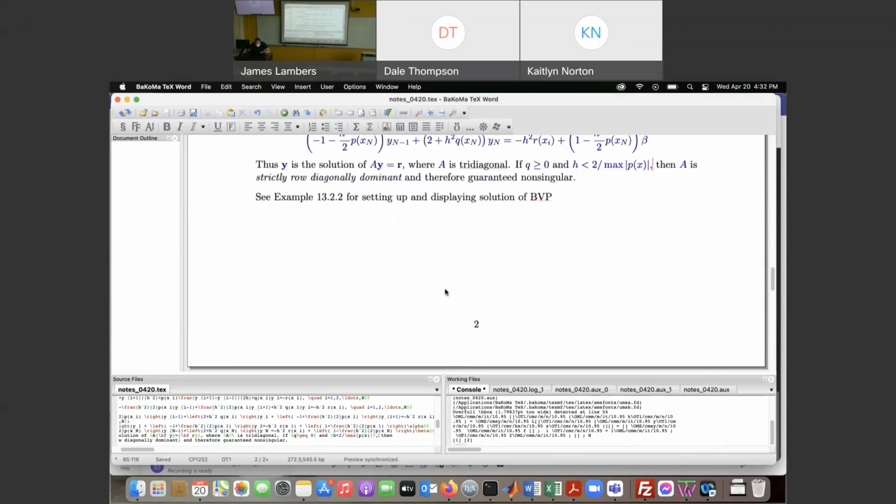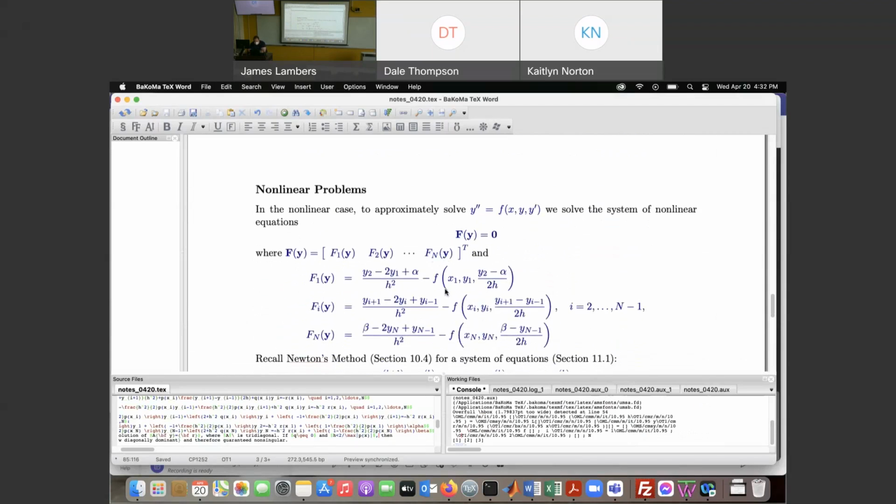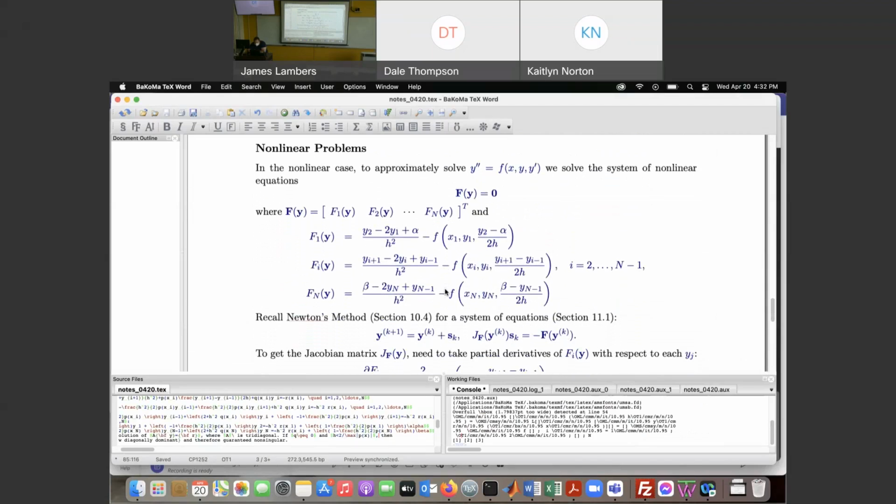Now, for a nonlinear case, we're still using the same finite difference approximations for y double prime and y prime. Now we just have a nonlinear system of equations to solve.